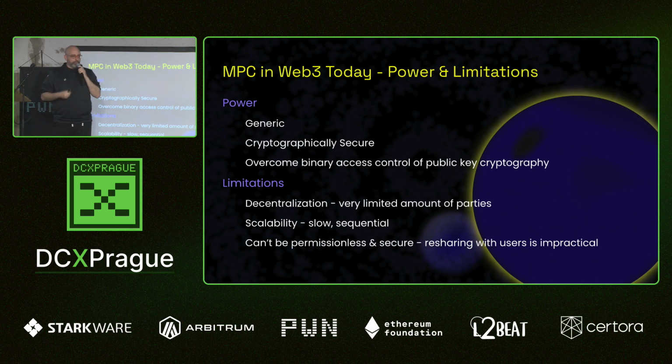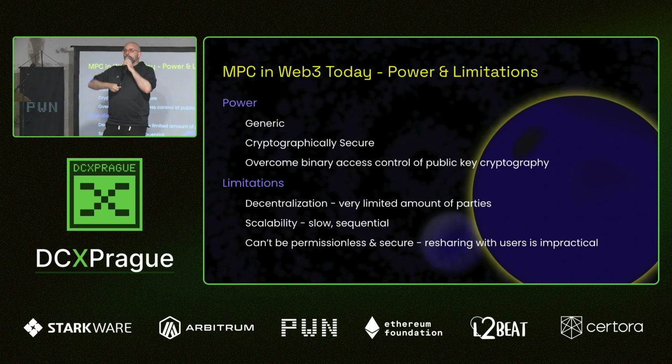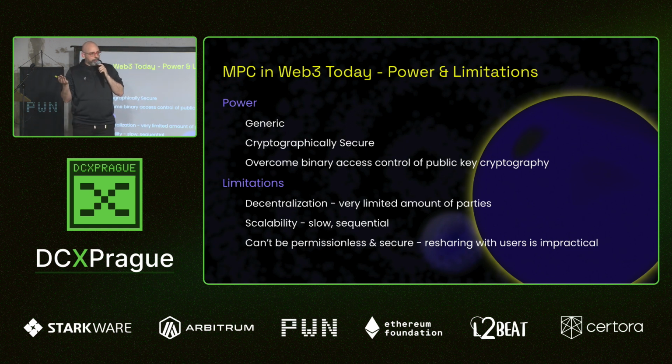Then I don't need you to reshare, so it can be permissionless. In Thorchain, for example, you have 20 parties, and the user is not part of the transaction. Essentially, two thirds of those parties, 13 of them, can collude and steal all your assets, which is something that can't happen on Ethereum. So those are the limitations of MPC today.